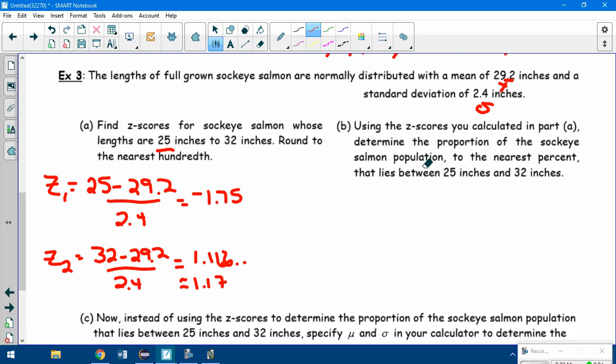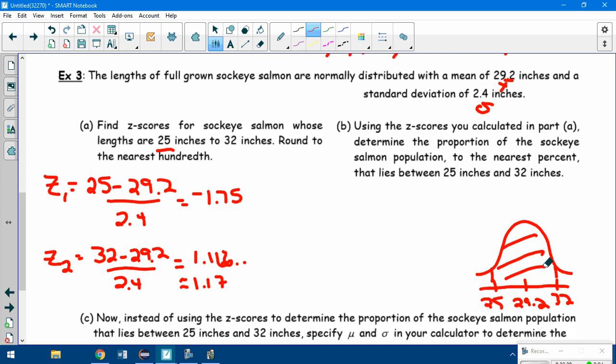Using the z-scores you calculated, determine the proportion of sockeye salmon, to the nearest percent, that lie between 25 and 32 inches. Okay, so here's my picture. We've got 29.2 in the center. We're going from 25 to 32 inches. So using the z-scores, my old way of doing it would have been to say normal CDF.